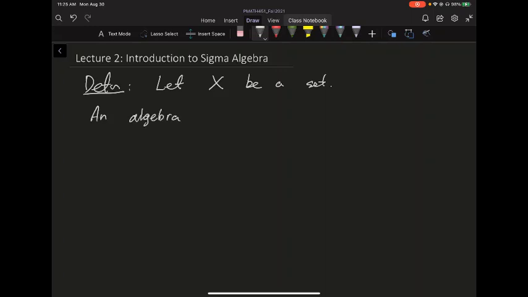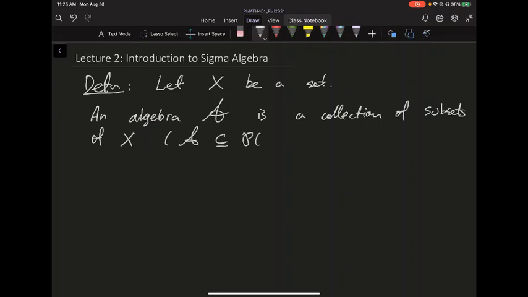We're going to get to the sigma next. So an algebra is, let's use this curly A, a collection of subsets of X. By that, I really mean this curly A is just a subset of the power set of, not R, but X.